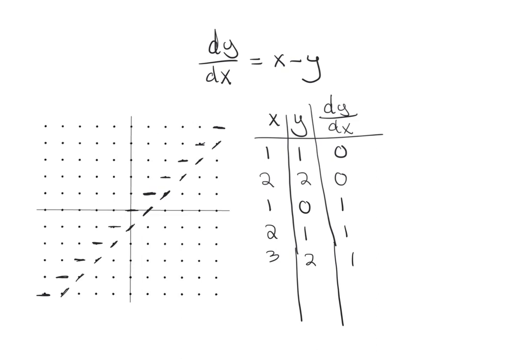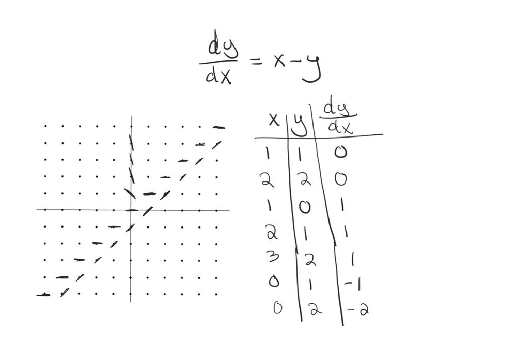All right, let's get some more points. 0, 1. So 0 minus 1 is negative 1. So here we have the slope negative 1. What about 0, 2? Then we have the slope negative 2. And then as you go up, these slopes just get steeper and steeper.